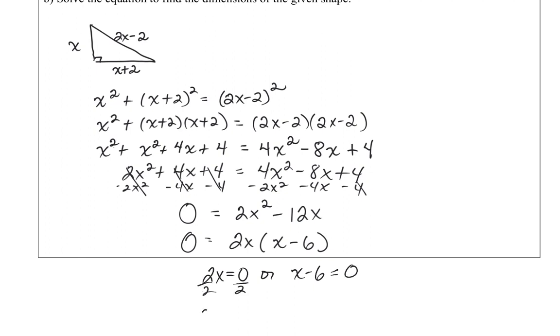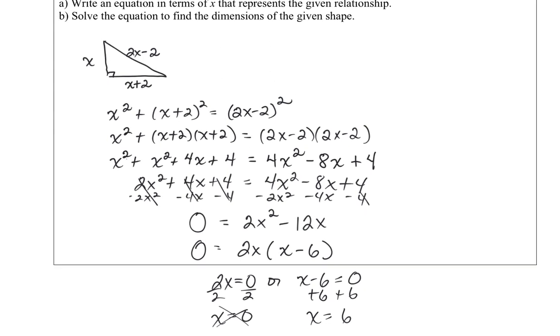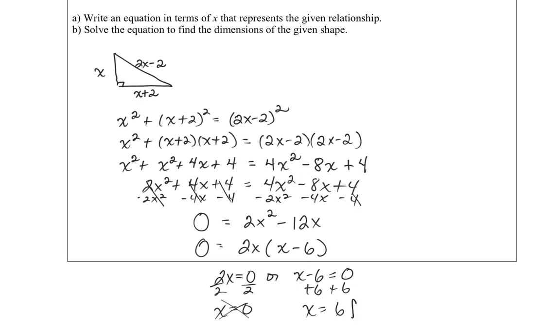Dividing both sides by 2, I get x equals 0, which makes no sense for this side of a triangle. And over here, add 6, we get x equals 6. So what are we talking about? Feet, right? So find the dimensions of the shape. The shortest side is x, which is 6 feet.